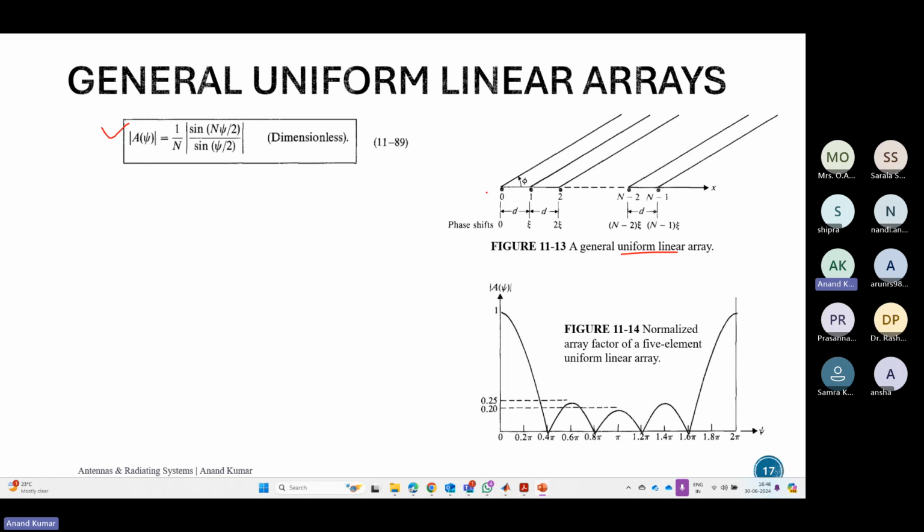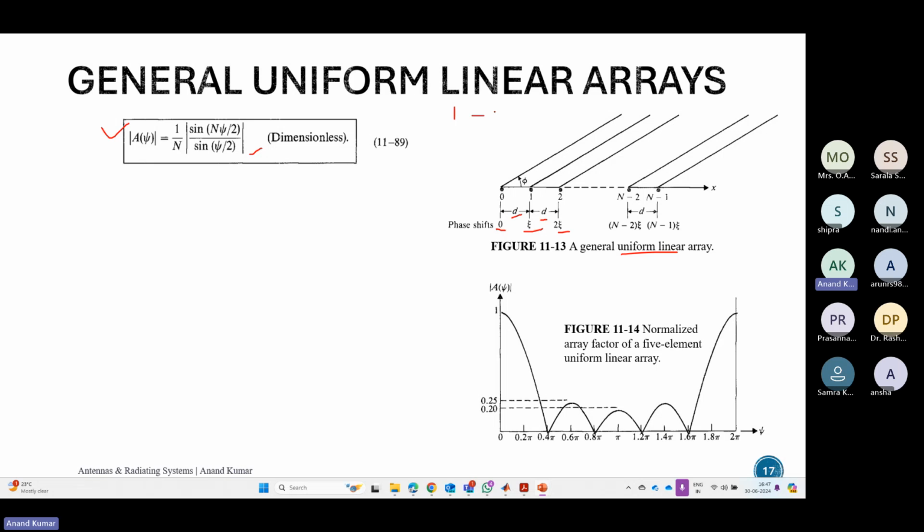This is the arrangement, where you had n elements, each with progressive phase shift xi and separation d. We wrote down the array factor and used the arithmetic sum of the geometric progression to get this expression over here.